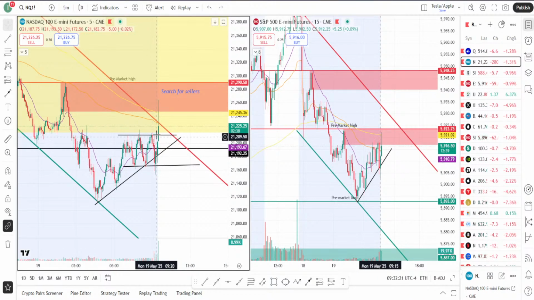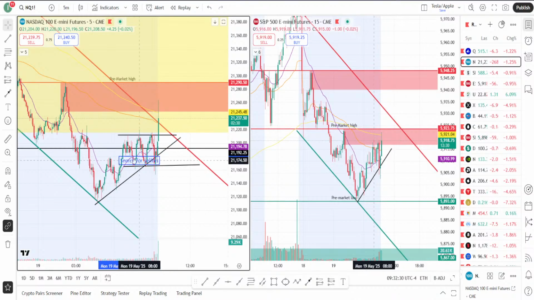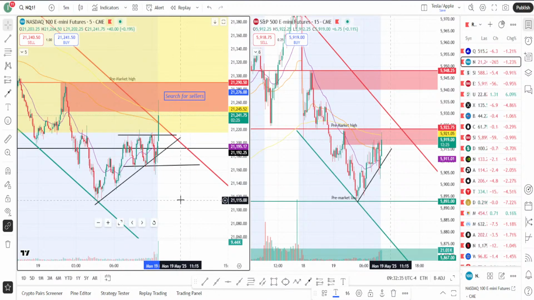At open, we might get pushed above these highs, and then we'll go here real fast because there's a supply zone here. We're searching for sellers, right? The market wants to go down, but there's no sellers down here, so it's gonna find sellers at supply.